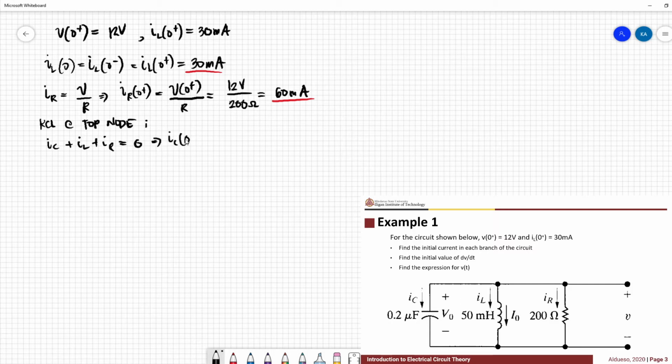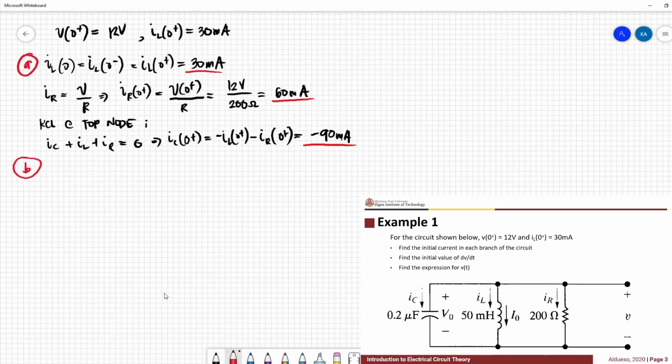IC at 0+ is equivalent to negative IL of 0+ minus IR of 0+, equal to negative 90 milliamperes. So this is for A.